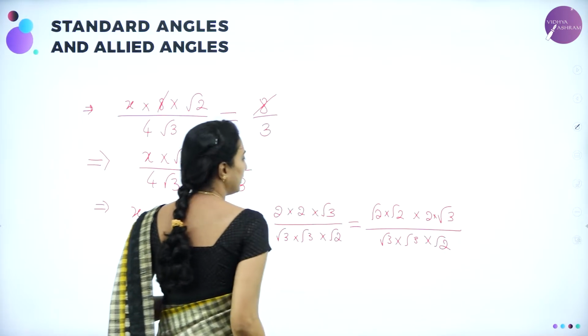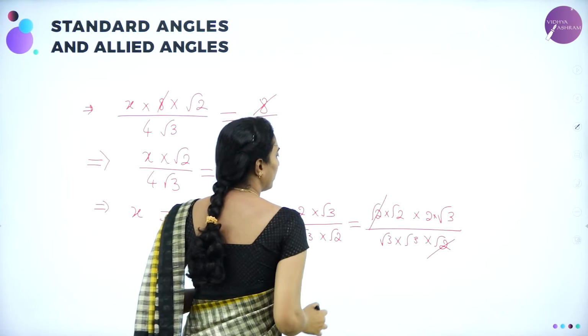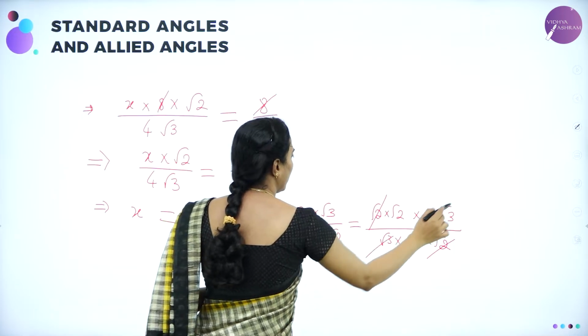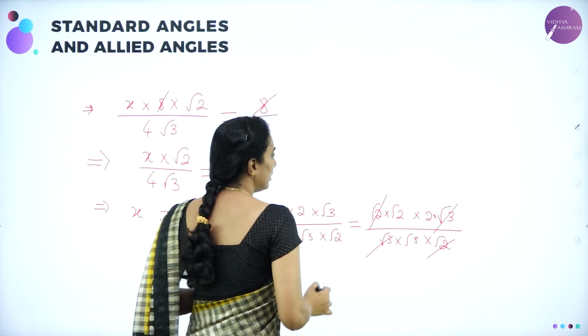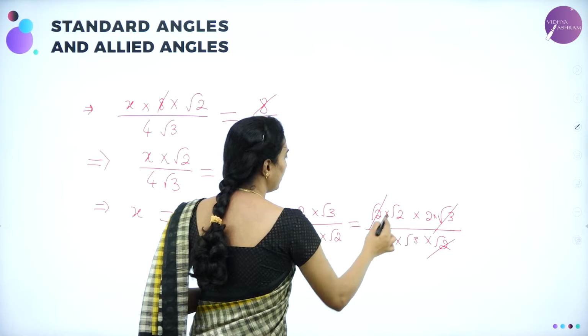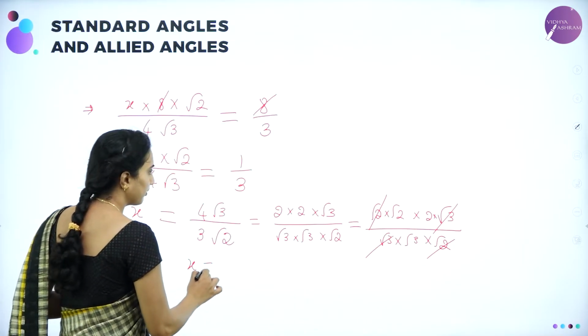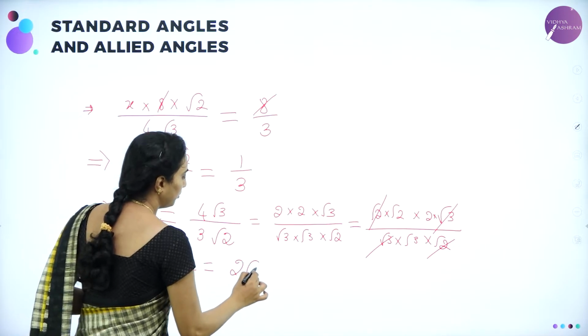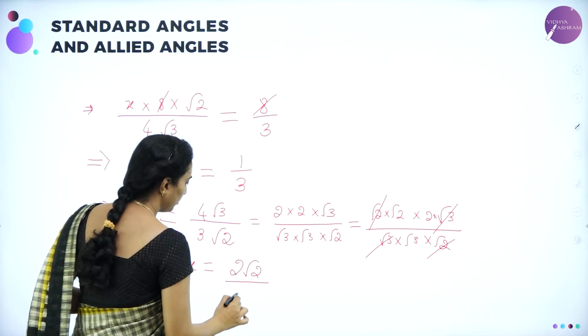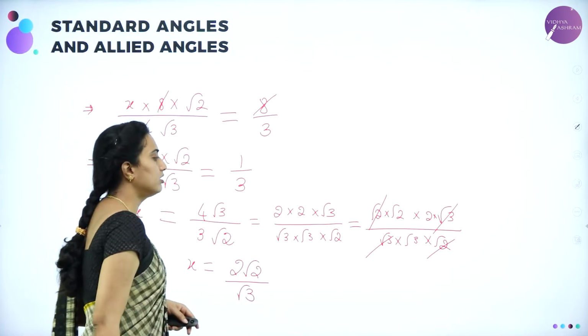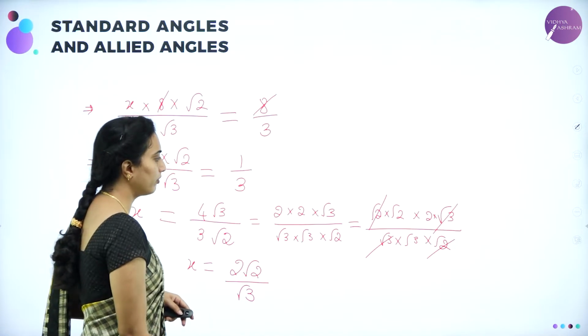Now what and all will get cancelled? One root 2, one root 2, again root 3 will get cancelled. You have 2 into root 2, which is nothing but x, so x is 2 into root 2 divided by root 3. That is your answer.